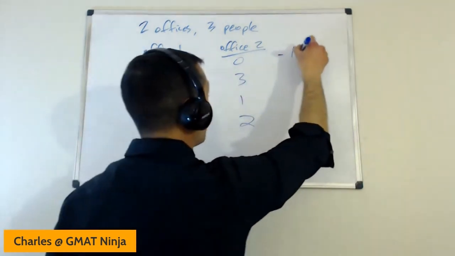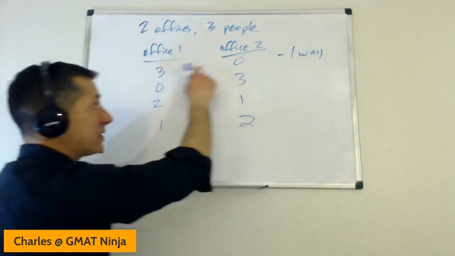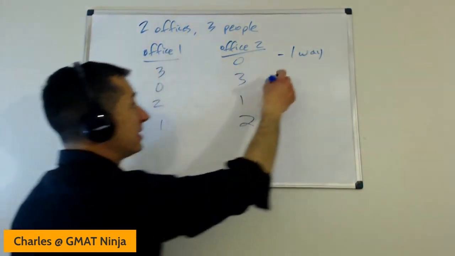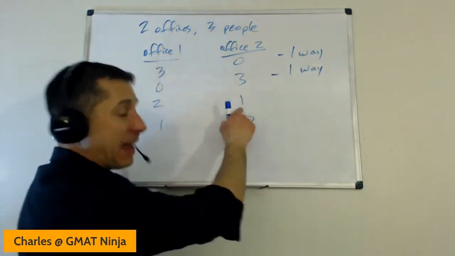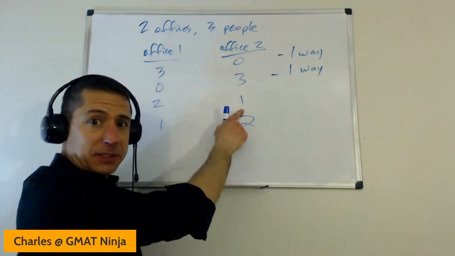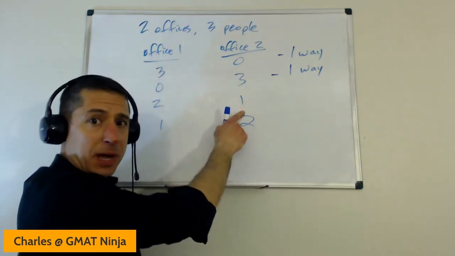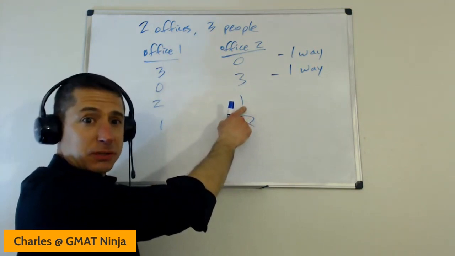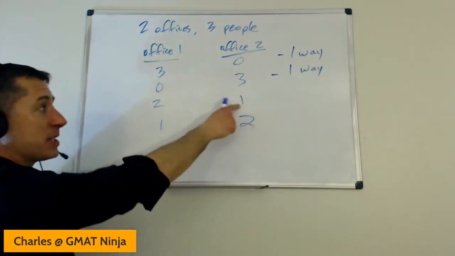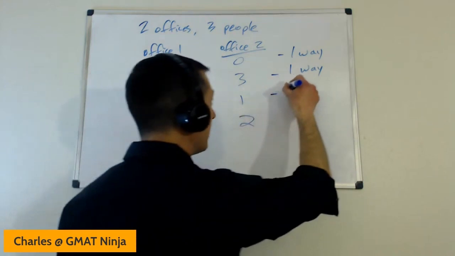So this is one way, no different ways to rearrange these 3 people in the office. One way here. And then if you think of this as 3 separate people, again, it's Buñuel, Bogdan, and Doug. They all could be in office 2. So 3 different ways to arrange it with 1 person in office 2 and 2 people in office 1.